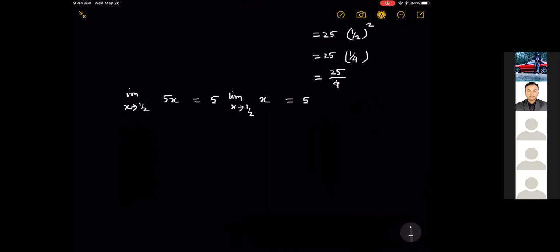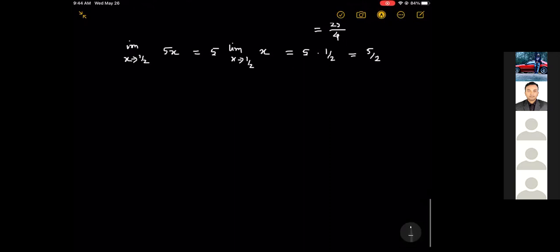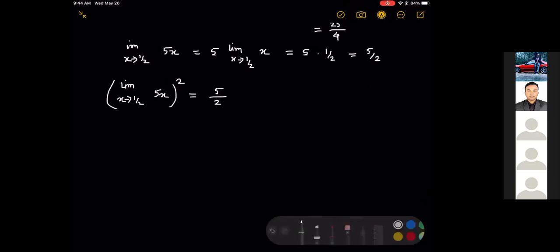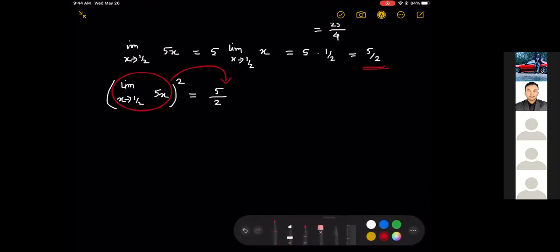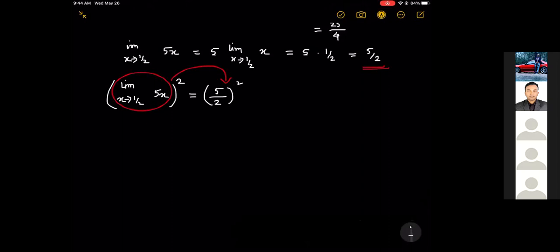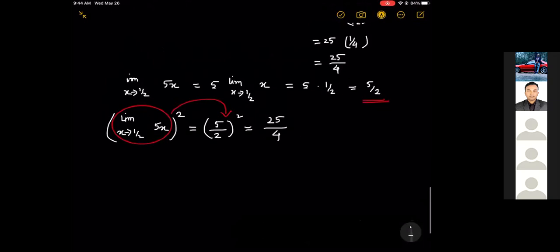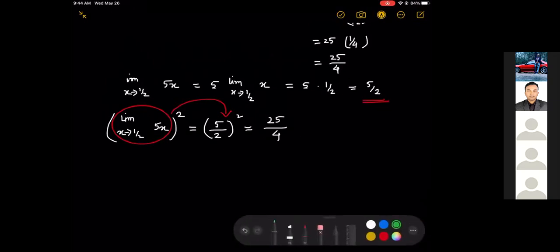So 5 times half, 5/2. And now it says we can actually upgrade it to a square. Let's see that it actually gives us the same result. We have 5/2 from here. So if we square it, we get 25/4. Bazinga! Yes, it's the same, right? As you can see.